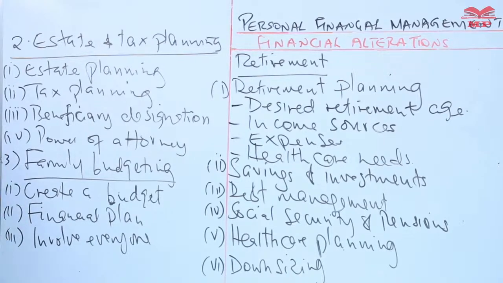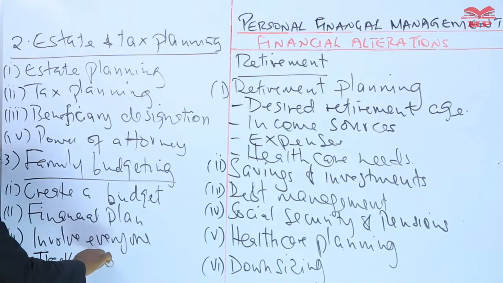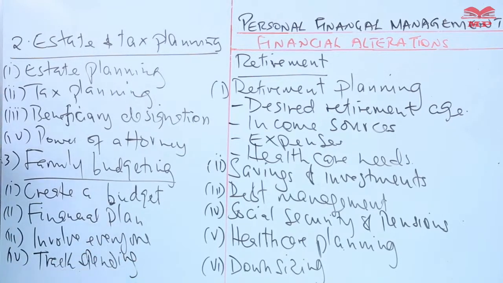And it is on the basis of such a budget that tracking is possible. You track spending. This means regularly monitoring spending to identify areas where you can cut back and allocate resources more effectively.